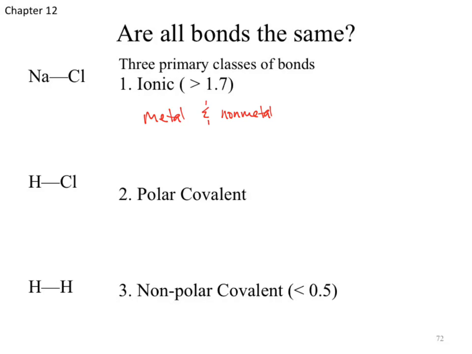Okay? But there are other cases that don't get enough polarity to them that they pick up some reactivity. That one extra case that we want to remember for our nonpolar covalent, so same to same, and this is where our 0.5 comes into play. So we need something else.